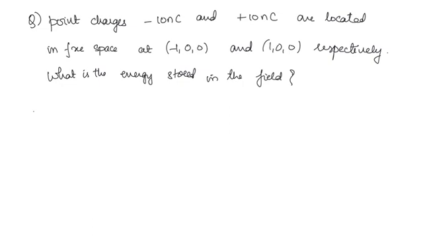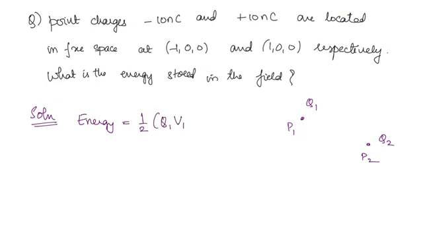Okay, so we know the energy stored in a system of point charges. So if there is Q1 here at some point, Q2 here at, let's say, P1 and P2, then what will be the energy of this system? This is going to be half Q1 V1 plus Q2 V2. What is V here?